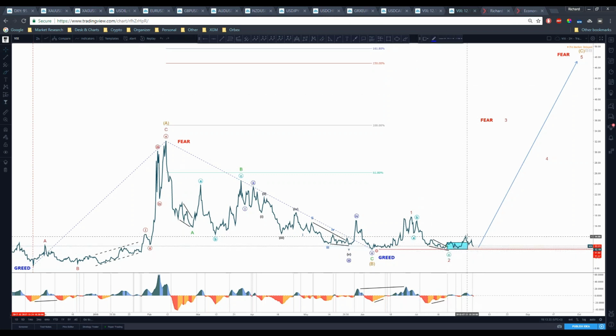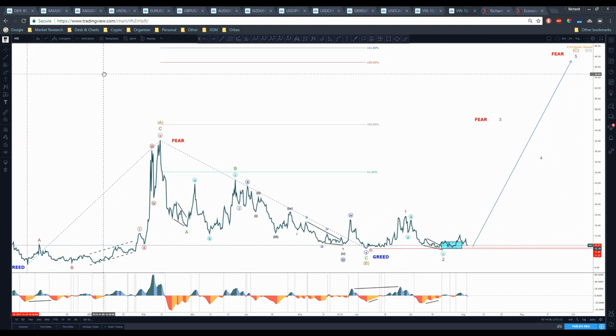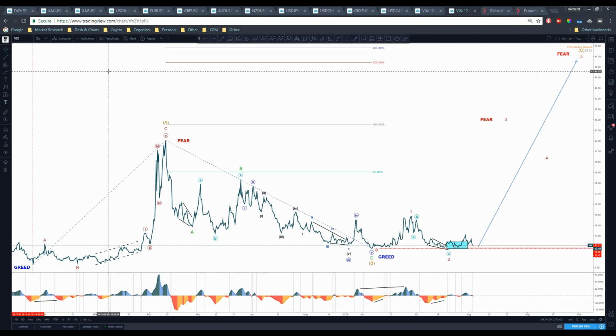An invalidation of such a scenario would be this continuing further lower than these levels. It can invalidate because if this is a first leg, wave 2 mustn't go beyond the start of wave 1. But if this is correct and it starts a rally, it will be a wave 3. So it could be an impulse, which means that the spike in volatility could be on the table. We're going to go back to this later on.